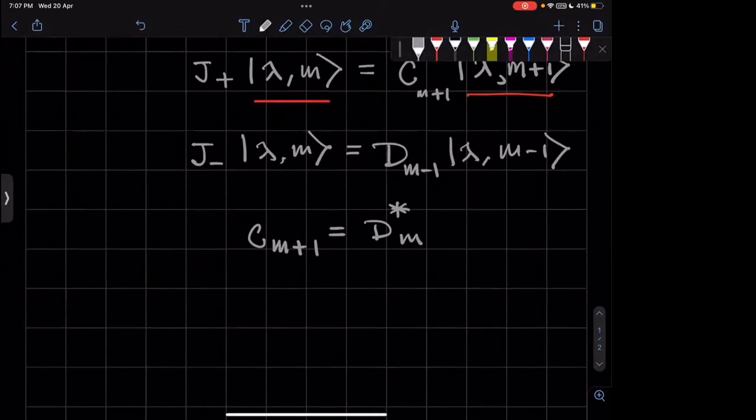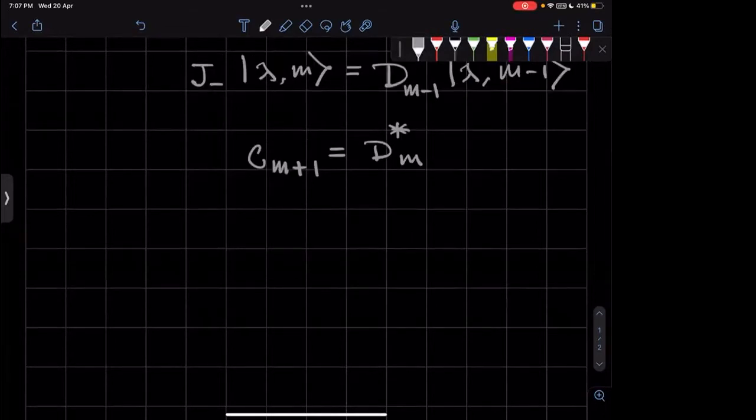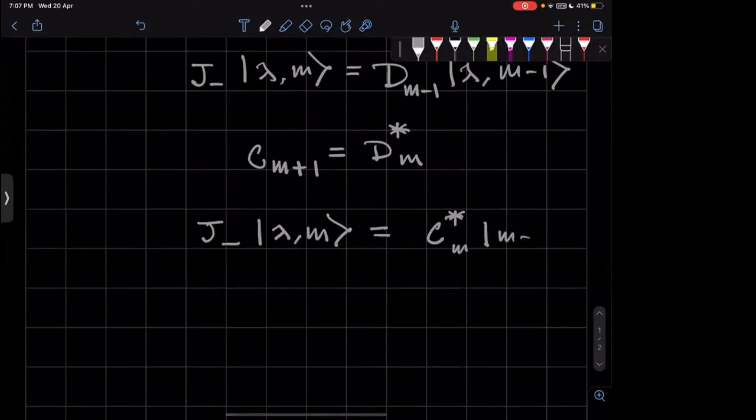So that's where we ended. That means that we can write J minus acting on lambda m to be C star m times lambda, m minus 1.